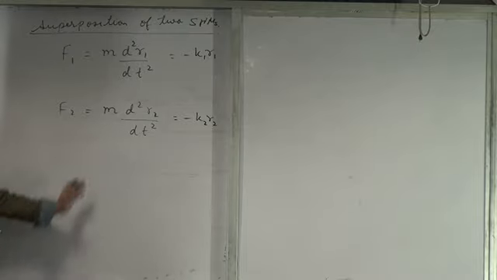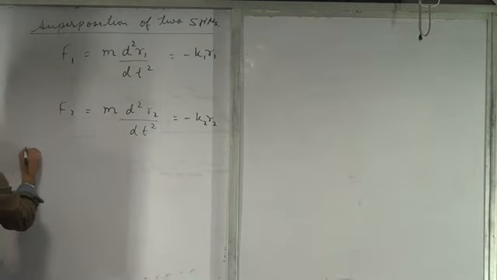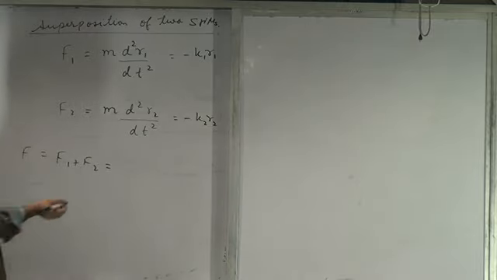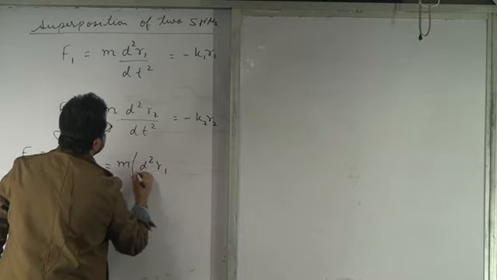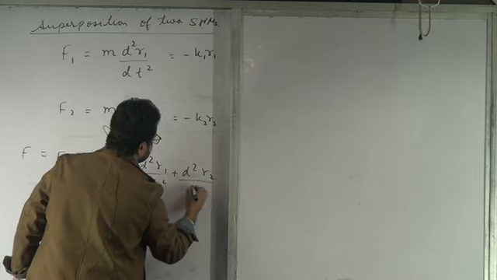If it is an SHM, this is equal to this. Now if both these forces are acting on the same particle simultaneously, what can I write? The net force will become equal to F1 plus F2, and that will be equal to m of d square r1 upon dt square plus d square r2 upon dt square.